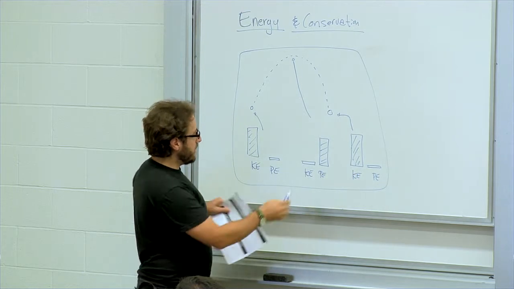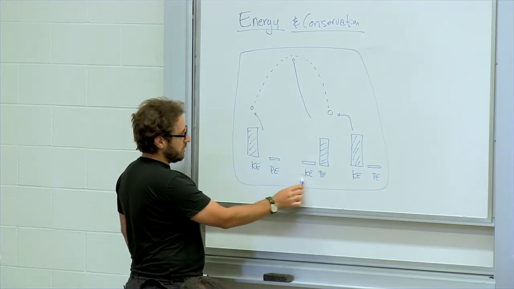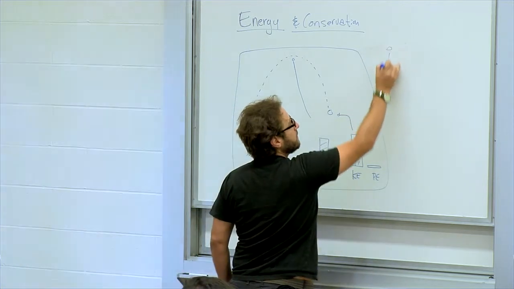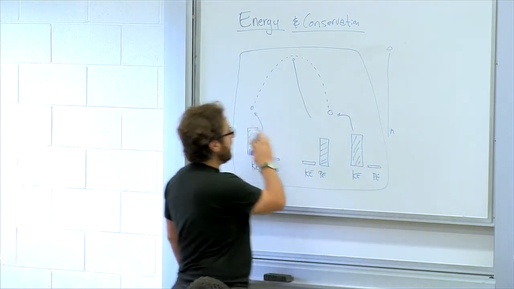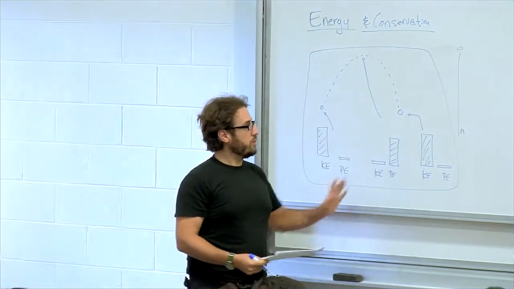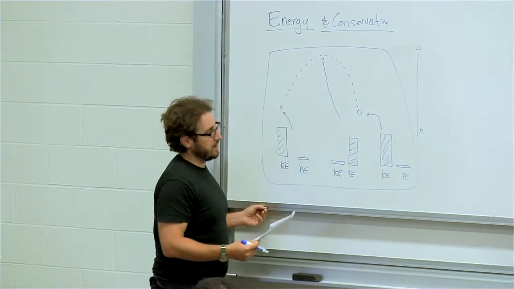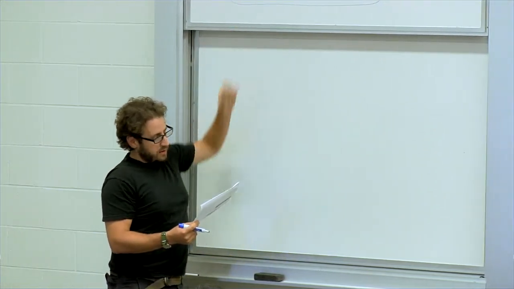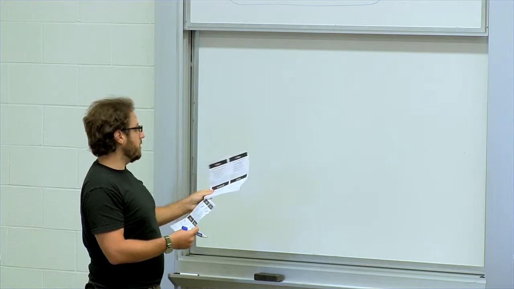And the interesting thing is that the ratio of kinetic energy to potential energy depends only on the height. It doesn't matter how far out in x you are. And we've seen other systems where things matter only in the y direction.